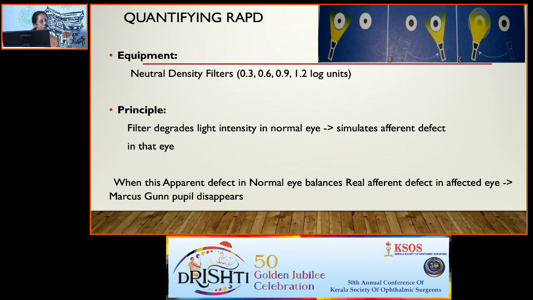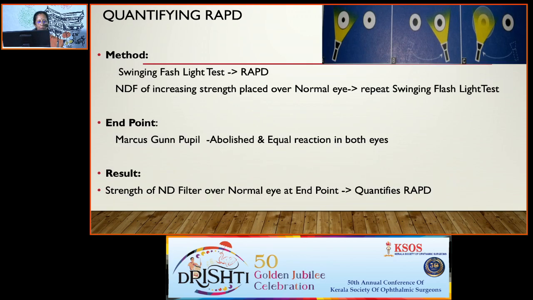Quantifying RAPD is done by using neutral density filters of varying strengths. The principle is that the neutral density filter will degrade the light intensity in the normal eye, and this will simulate an afferent defect in that eye. When this apparent defect in the normal eye balances the real afferent defect in the affected eye, the Marcus Gunn pupil disappears.